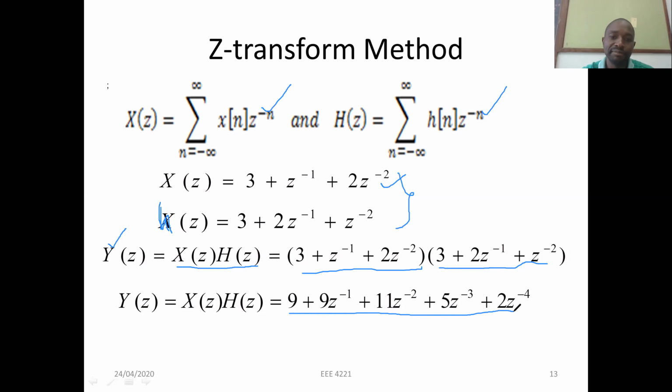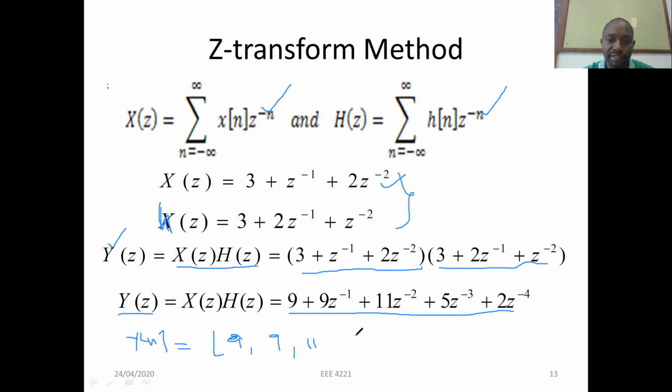Now this equation is of Y of z, but remember our interest is to find Y of n. Therefore, to find Y of n, all we do is find the inverse Z-transform of Y of z, which will basically be a sequence similar to 9, again 9, this one comes to 11.